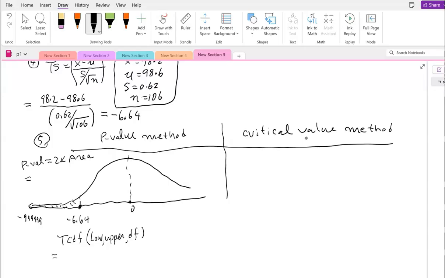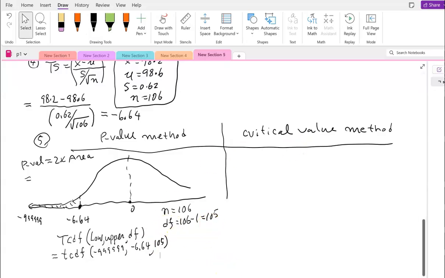So in this case, lower is negative 999,999, upper is negative 6.64. N is 106, so the degree of freedom is 106 minus 1, 105. You have to put 105 in the calculator.